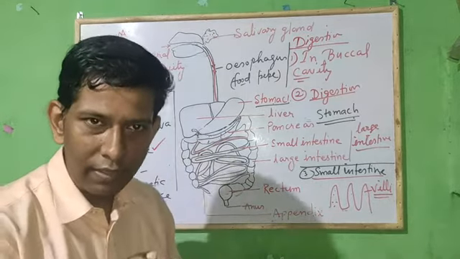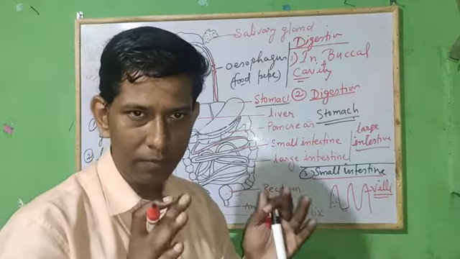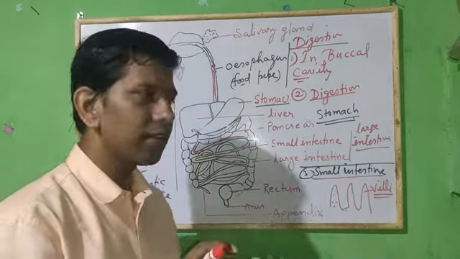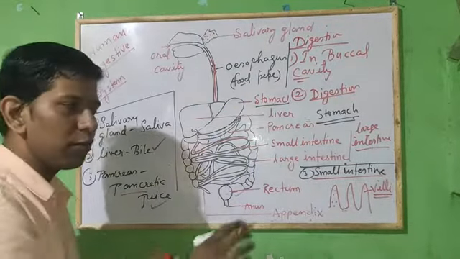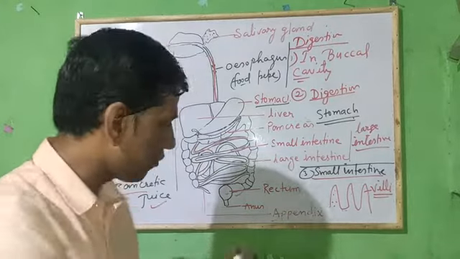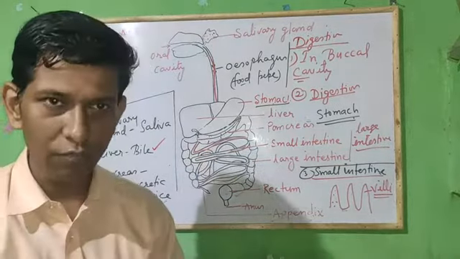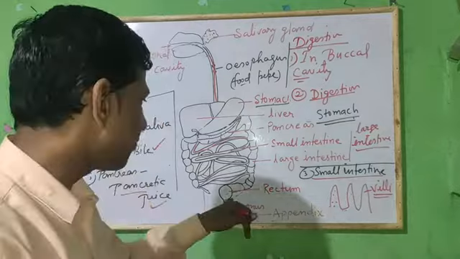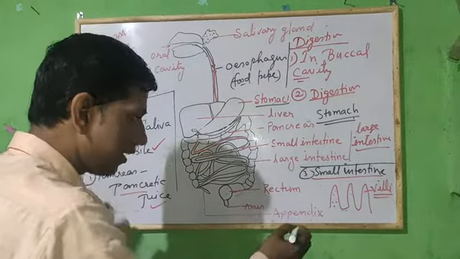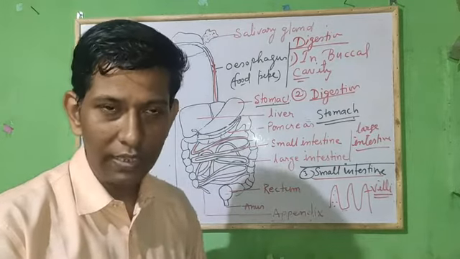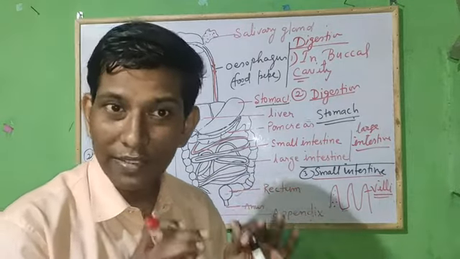Clear? And when it is stored in the rectum, it is pushed out from the anus, out of our body. This is the process of egestion, the removal of solid waste from the rectum through the anus to the outside of the body. The entire process is called egestion.